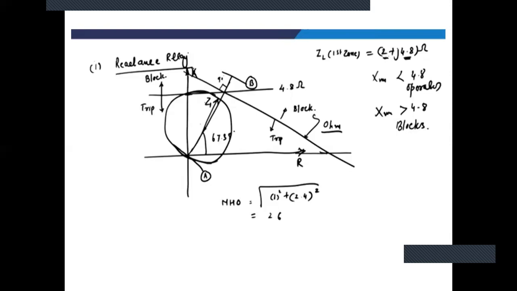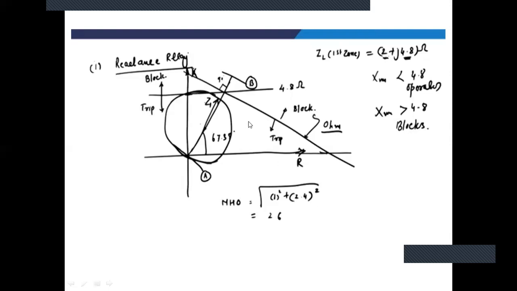Okay, what is the point? The point is here, 1 comma 2.4, on this line. So this is how the Mho relay works, and we can draw the characteristics of the Mho relay by this one.